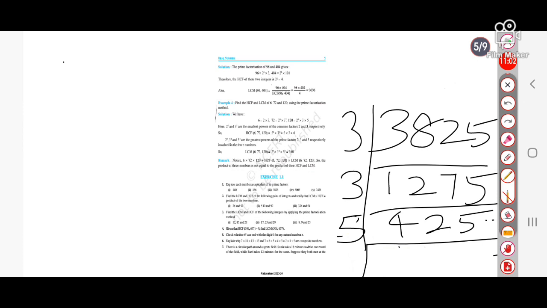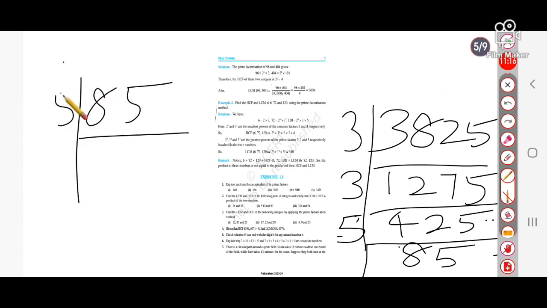Dividing this by 5, we get 85, right? Again this 85 can be further divided by 5, we get 17. Further this cannot be divided by any number because 17 is a prime number.